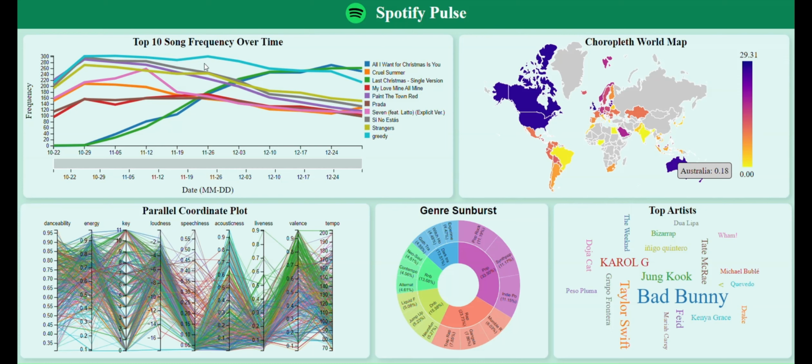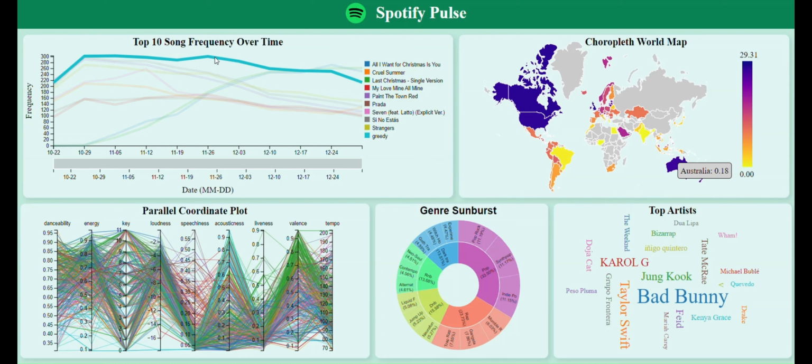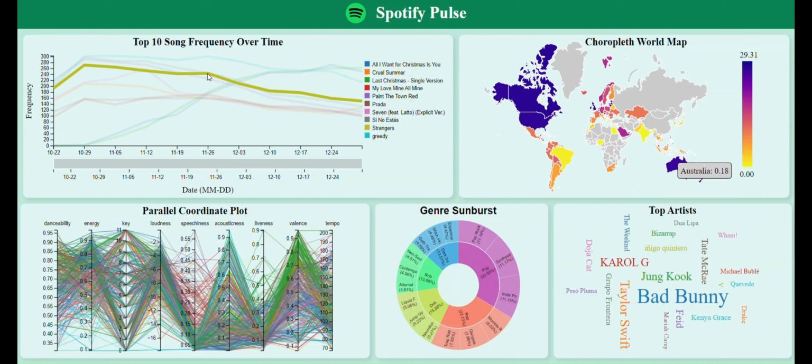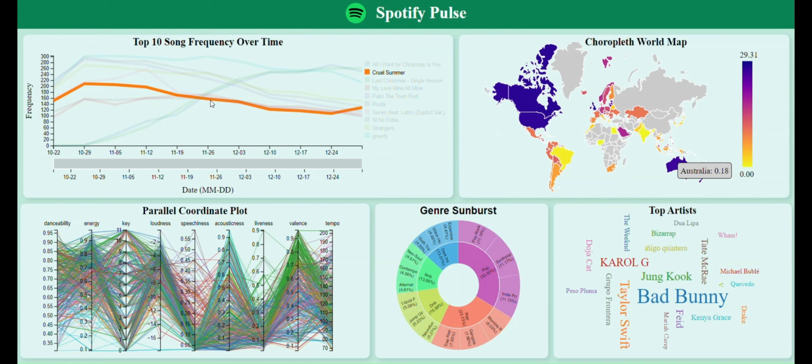The interactions here are that you can move the mouse over all of the lines, and the main selected one gets highlighted and all the other songs behind are blurred. There is also an on-click interaction, so you can click a particular song. For example, this orange line is the Cruel Summer song. Based on this, other plots get changed.